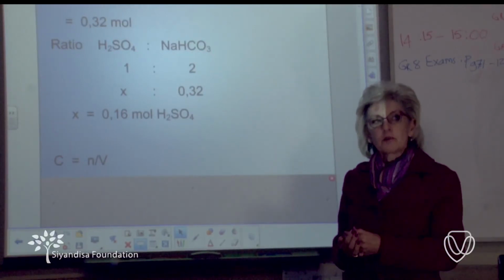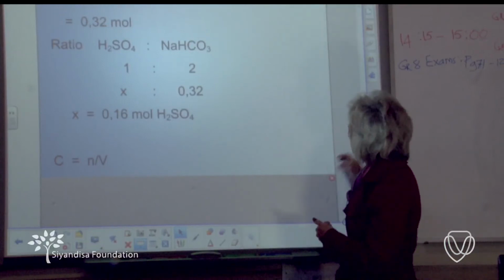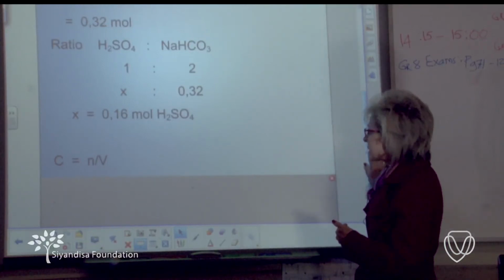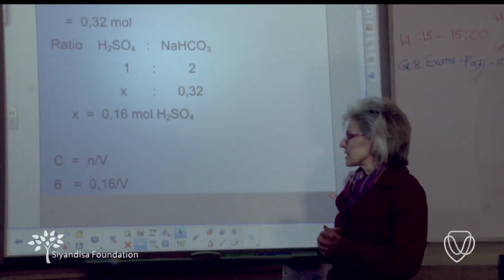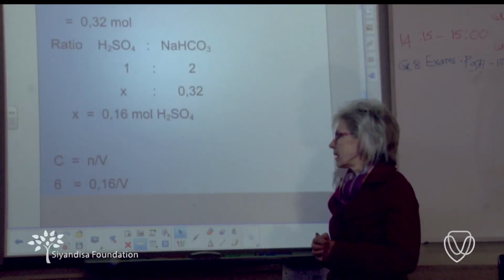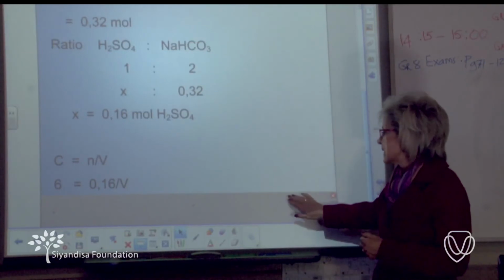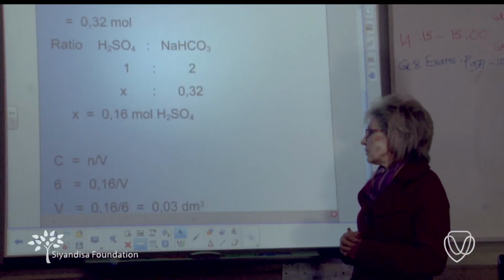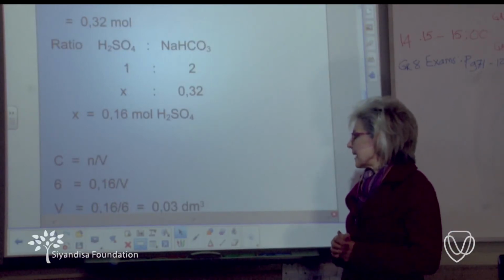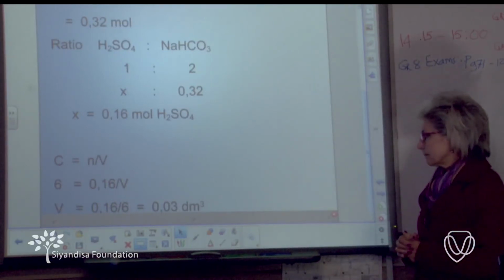Go and find the formula on the data sheet and use it as it is there. So we've got n divided by V. The concentration was given as 6. Our number of mole is 0.16. Therefore, the volume is 0.03 cubic decimeter. And that is then the answer to this question.